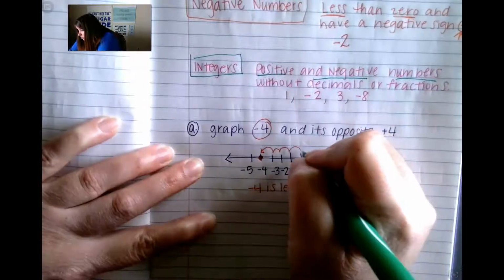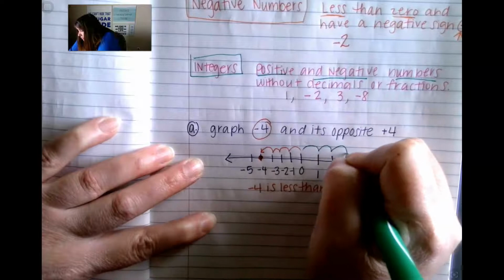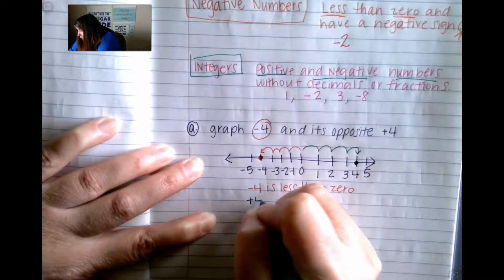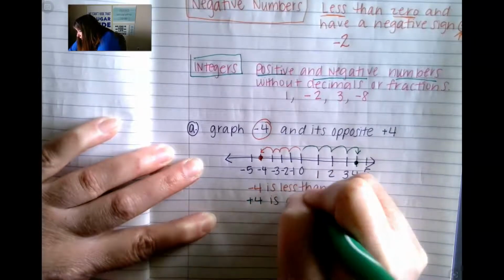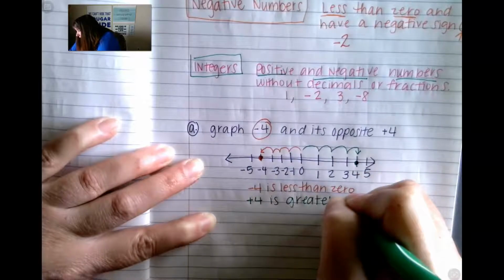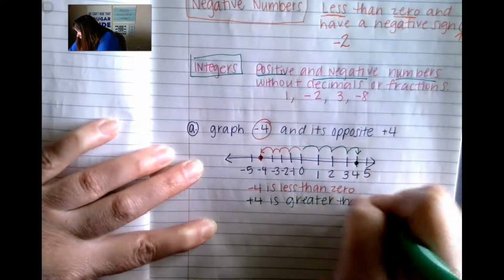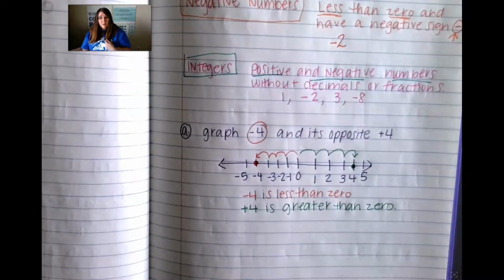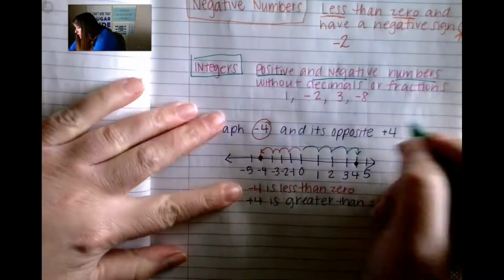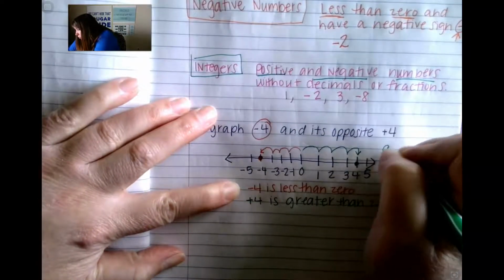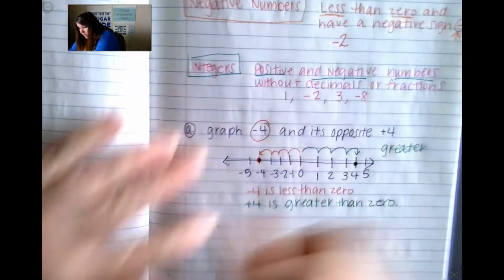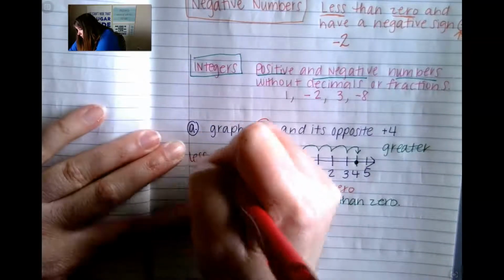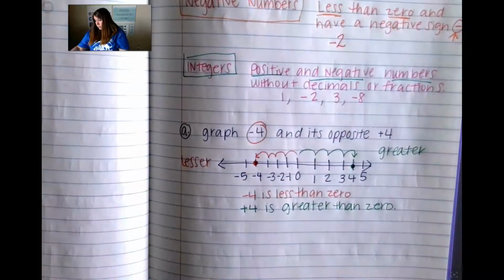It's moving to the right 1, 2, 3, 4 places. This is positive 4. And positive 4 is greater because it's on the right. So if we go to the right, we're getting bigger. So this is our bigger side, so greater. This side of the number line is less than or lesser than 0.